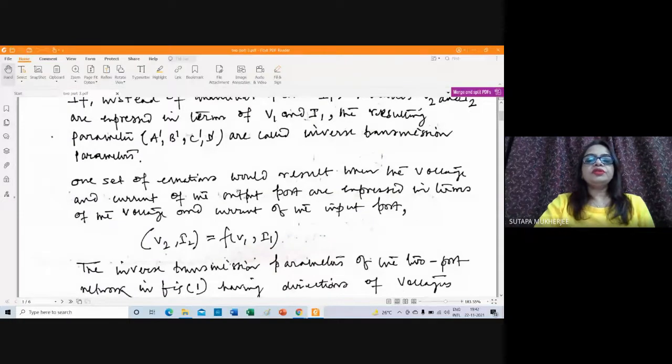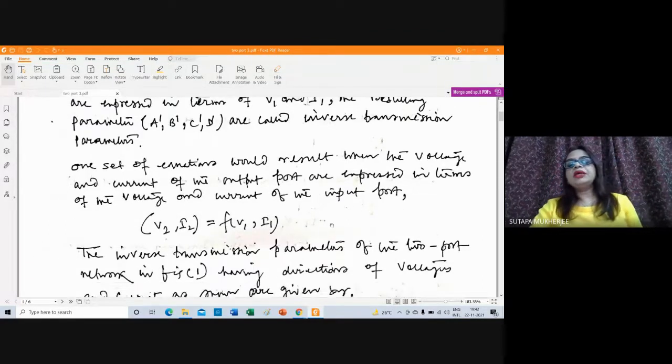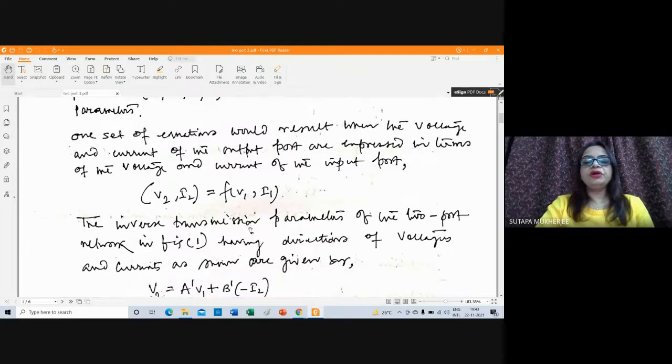So one set of equations results when the voltage and current of the output port are expressed in terms of the voltage and current of the input port. I think you remember the representation of ABCD parameter. Here, for the inverse transmission parameter, the representation will be V2, I2 as a function of V1, I1.